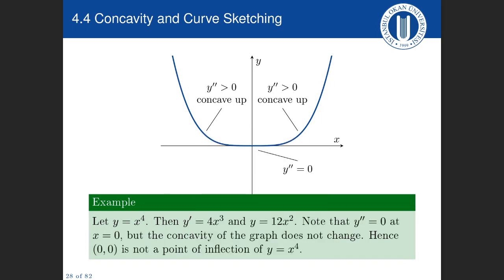Now, we can have y double prime equal to 0 at x equal to 0. But the concavity does not change here. It's concave up on the left of 0 and it's concave up on the right of 0. So that means the point (0, 0) is not a point of inflection of x to the power 4.